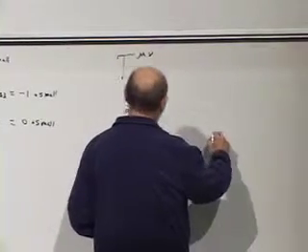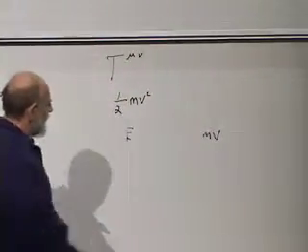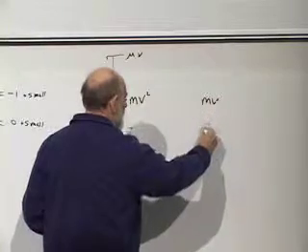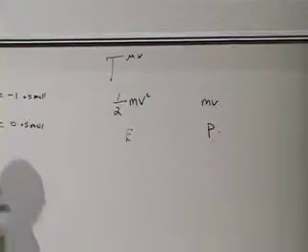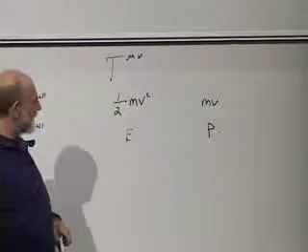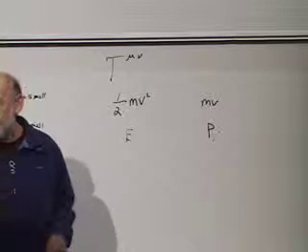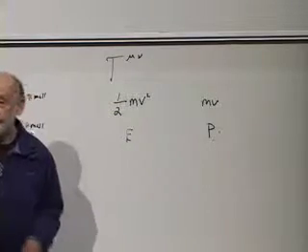This is momentum, p equals mv. All right, v is small. Remember that v is small. So which one of these is bigger? mv, right? Yeah, it is true. mv is bigger than mv squared. But we forgot a term here.